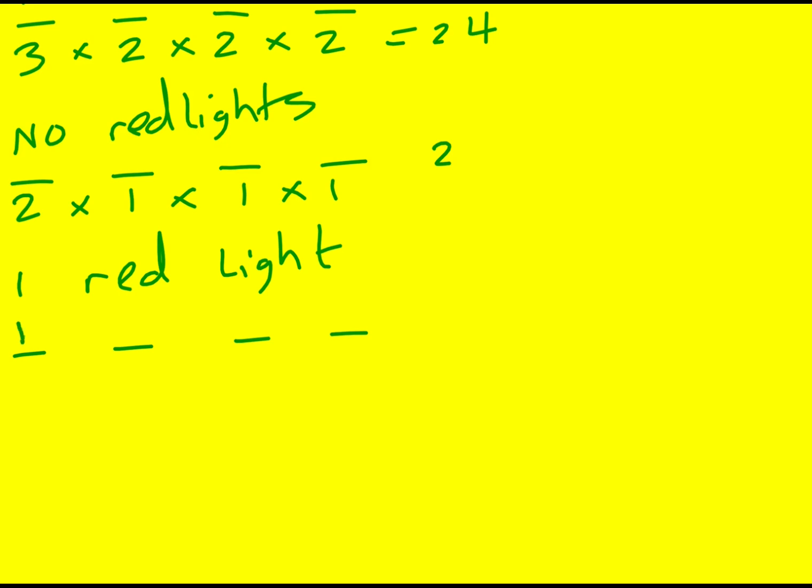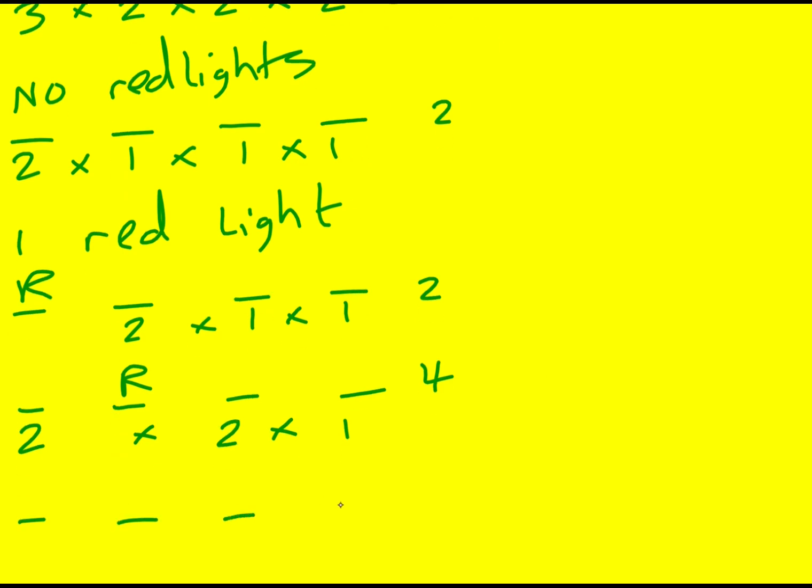So if I put the red light here, for example, then I'd have 2 options here and then 1 and 1. Okay, so I get 2. Right, let's look at what happens if I put the red light here. Now I get 2 options here, but because I put the red light in between, there's again 2 options here, so it's not quite the same. 4.